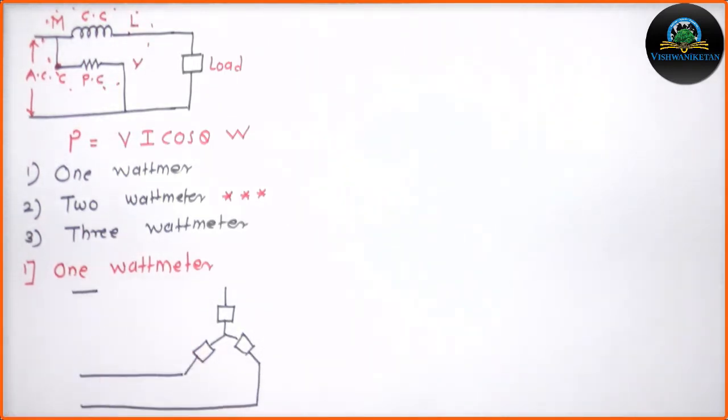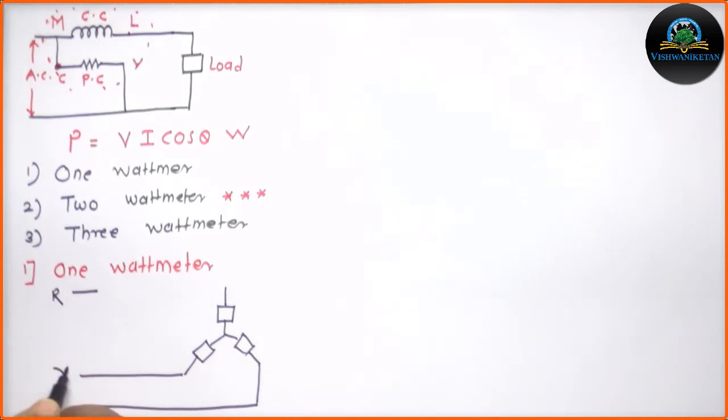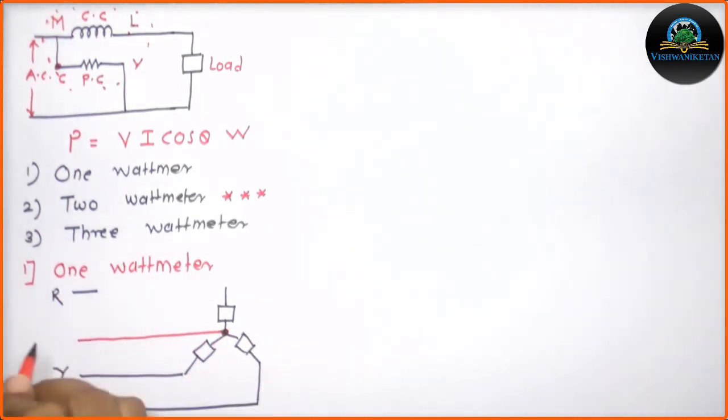Now in this case, just see the connection. Here I am using the 3 phases R, Y and B. But apart from that, there is one star point, which is known as the neutral, connected here. So this is known as the neutral point.